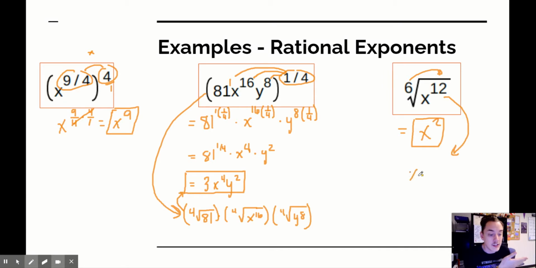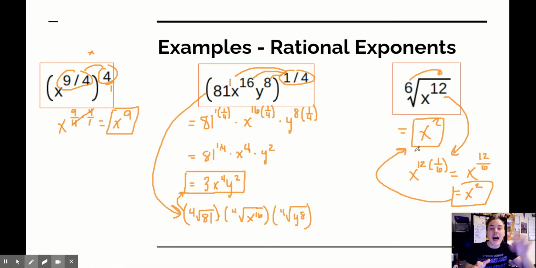So I can change this to x to the 12th and then times 1 all over 6, because 1 all over 6 is really my index. Or I can better write it like this, 12 all over 6. Okay? 12 all over 6, which of course is x squared, which is the exact same thing that I got here. So you see, I can now almost completely get rid of radicals and just completely do rational exponents.